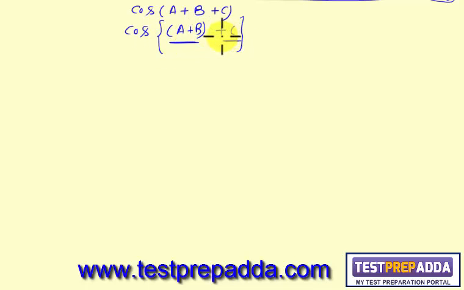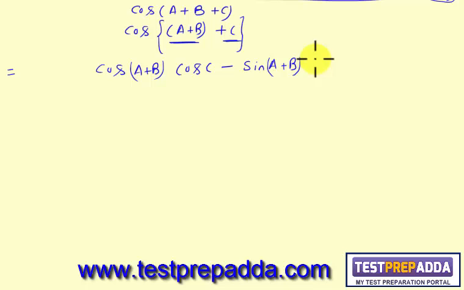Recall the formula: cos(A + B) was cos A cos B minus sin A sin B. So I will write this as cos(A + B) cos C minus sin(A + B) sin C.